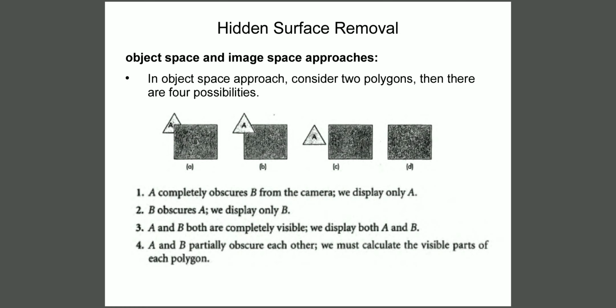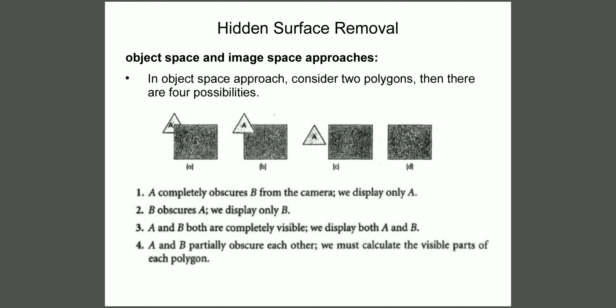That means one polygon is overlapping the other polygon, so part of polygon A is visible to a user and some part of polygon B is visible to a user. So when we consider two objects to display on an output screen, these are the four possibilities which may arise when we try to render these polygons or objects on an output screen.